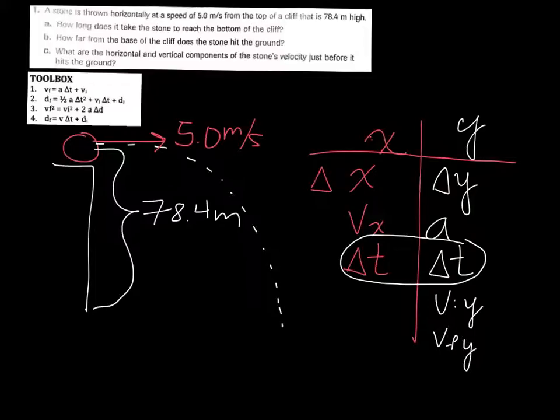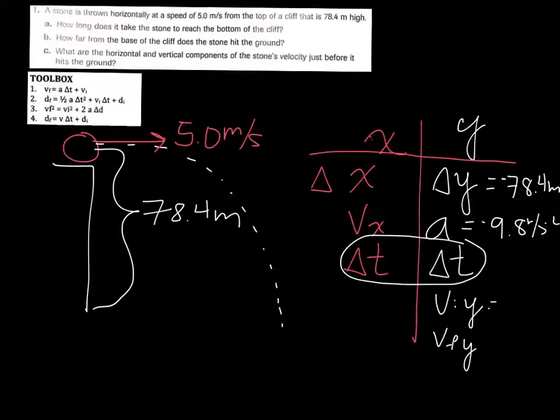Okay, so filling in this information, the things that I do know are that my change in vertical position is 78.4 meters, and I also know that that is in the negative direction, that it's going downward. I know that the acceleration due to gravity is negative 9.8 meters per second squared.